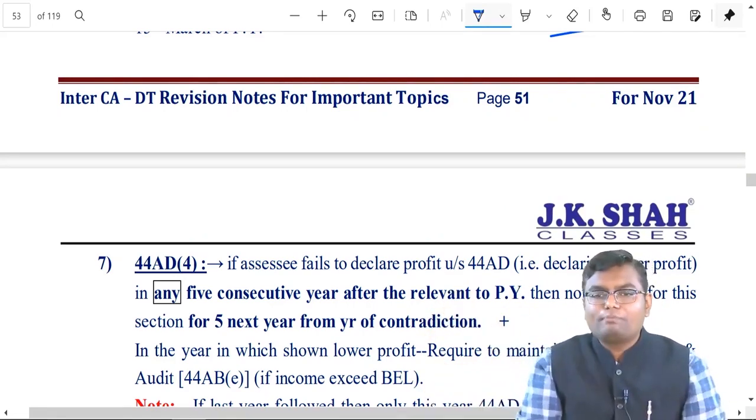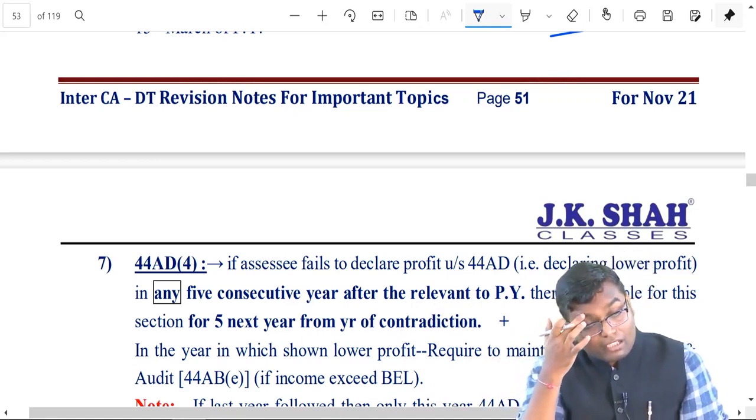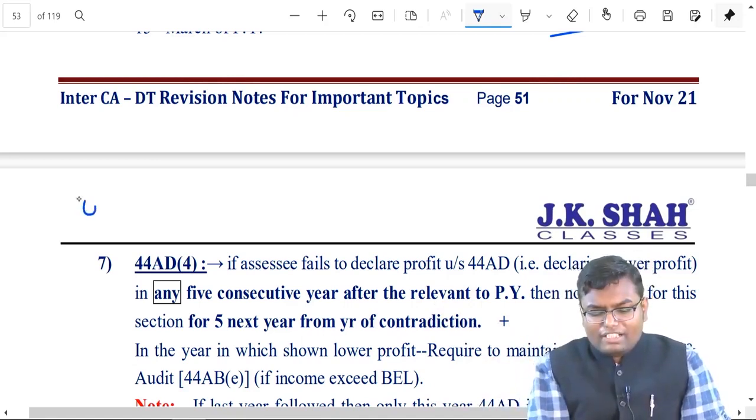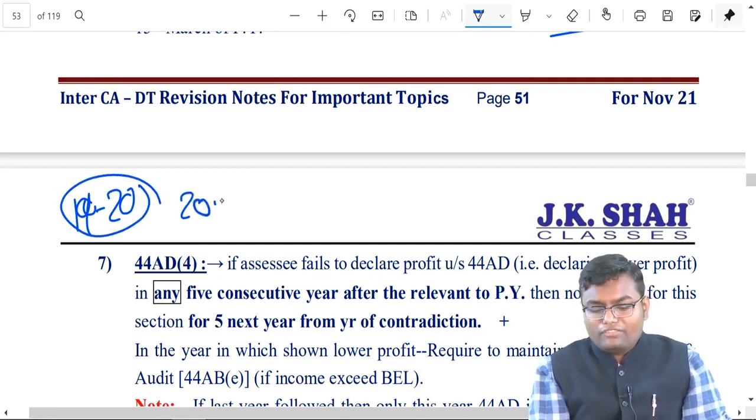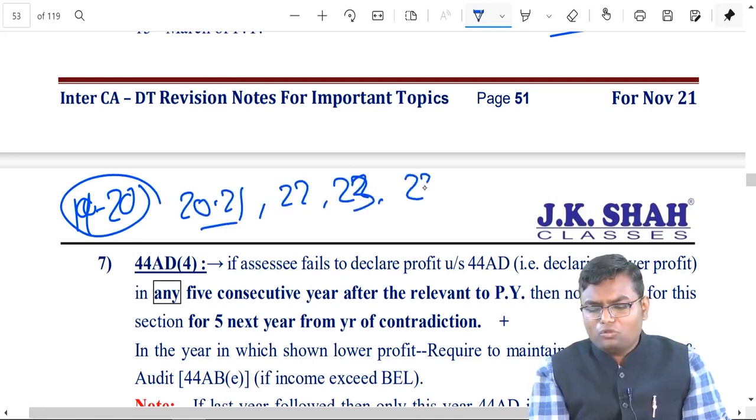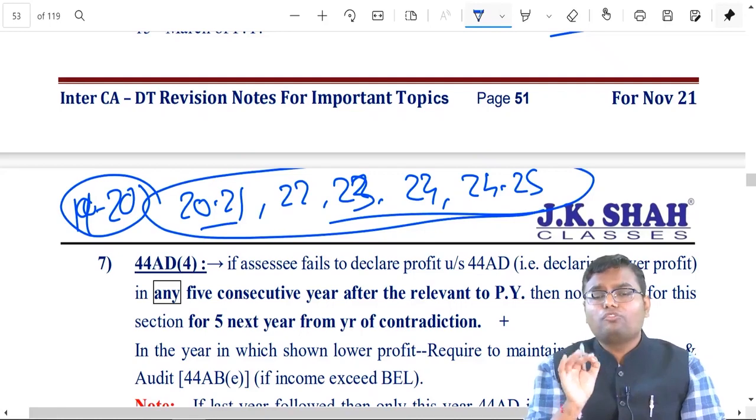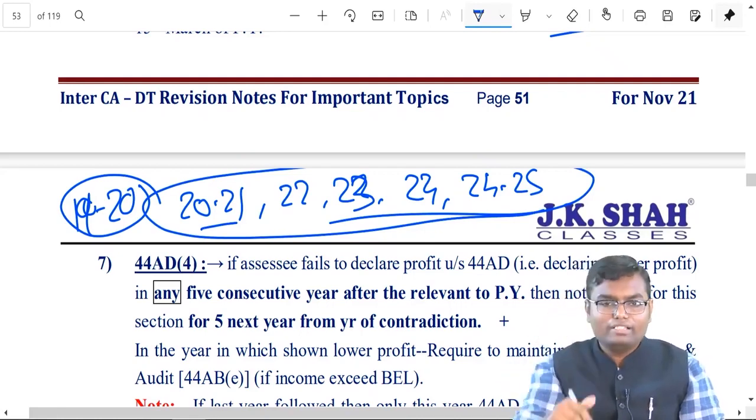You can't opt for presumptive taxation. Meaning, let's say in the year 19-20 I started following presumptive income. So from 20-21, 21-22, 22-23, 23-24 and lastly 24-25, for these 5 years I have to follow 44AD.